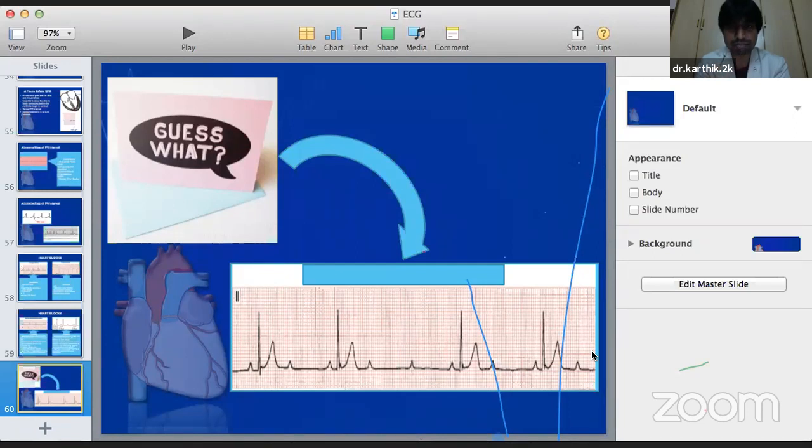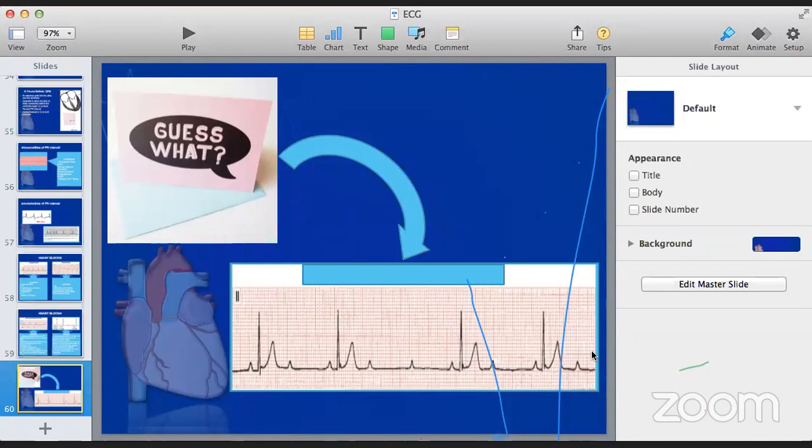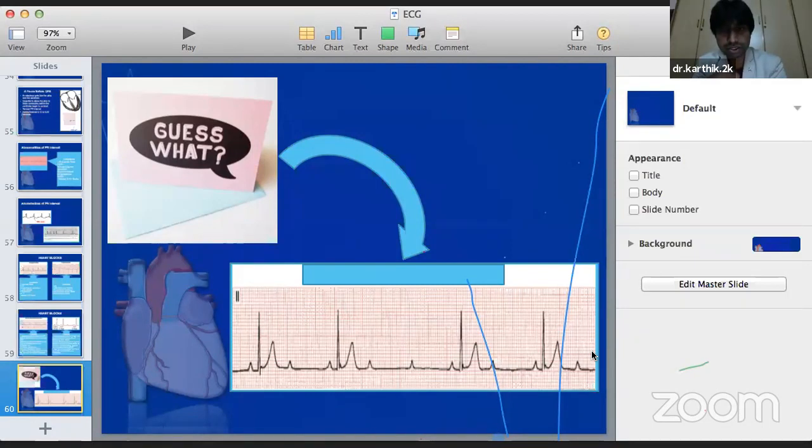So when you are analyzing the P wave, because the sinoatrial node is located in the right atrium, the first half of the wave is basically the right atrial forces. The terminal portion of the wave is the left atrial forces.